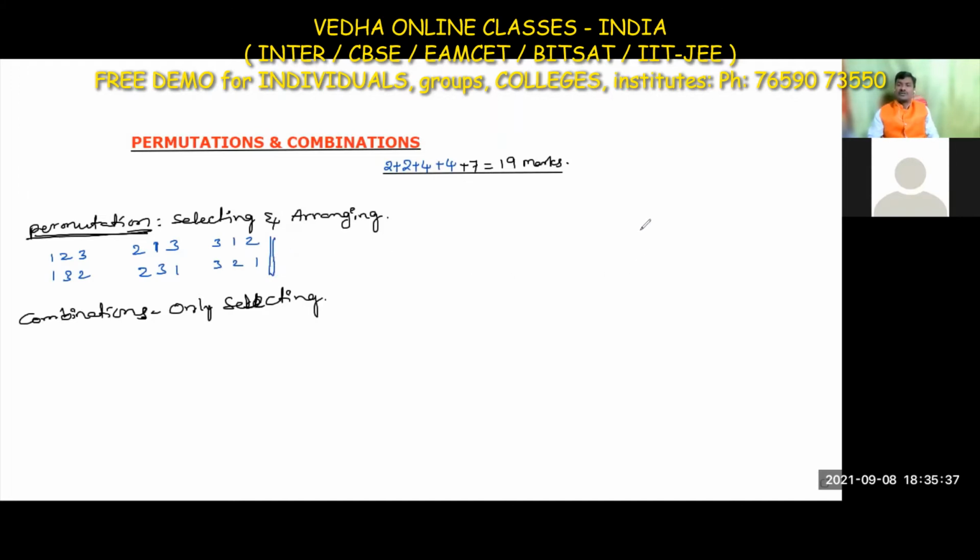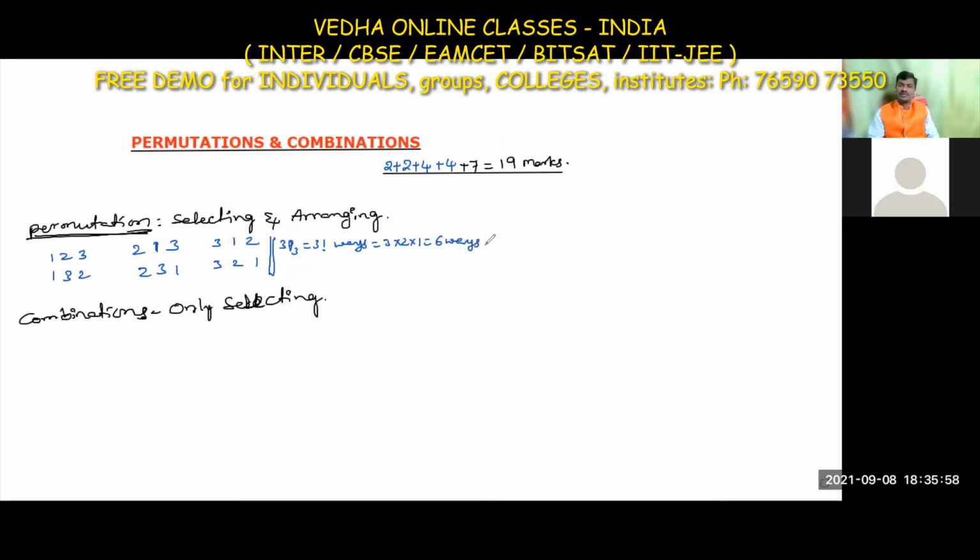From these three numbers, if we select all 3, 3P3 ways are possible. Here 3 numbers, 3 places, that is 3P3 or 3 factorial ways. 3 factorial is 3 into 2 into 1, that is 6 ways.